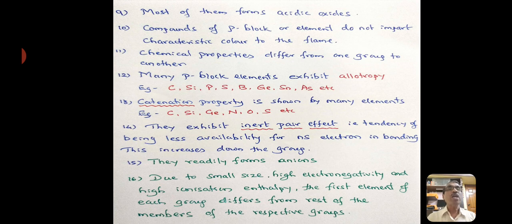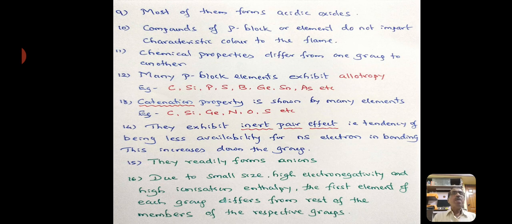For example, potassium oxide and calcium oxide are basic oxides, because when these are dissolved in water, they form the respective hydroxides. Whereas non-metallic oxides like carbon dioxide, sulfur dioxide and phosphorus pentoxide, when dissolved in water, form carbonic acid, sulfuric acid, phosphoric acid, and so on. Therefore, these are called acidic oxides.